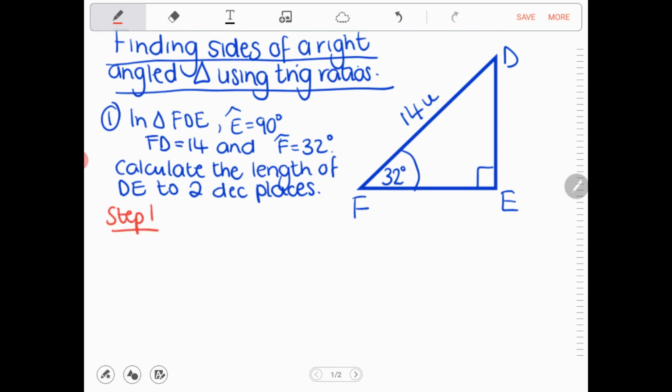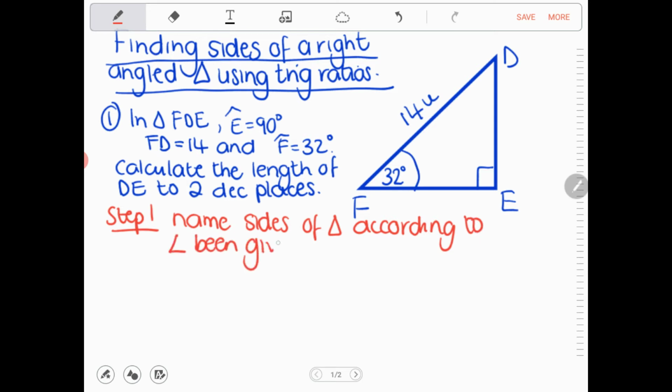So the first thing we're going to do is name the sides according to the angle you've been given, and obviously not the 90-degree angle, okay?